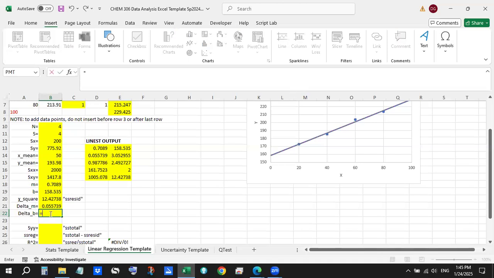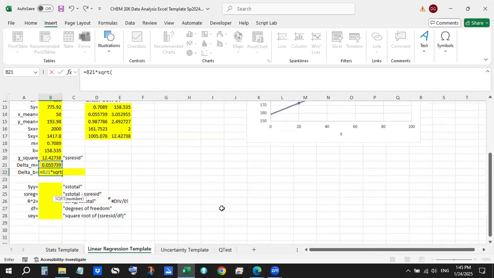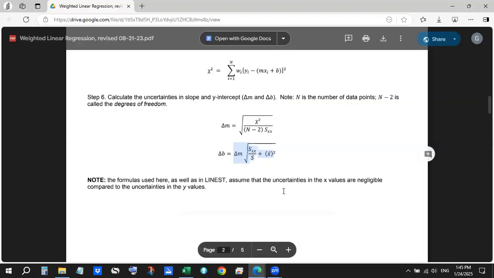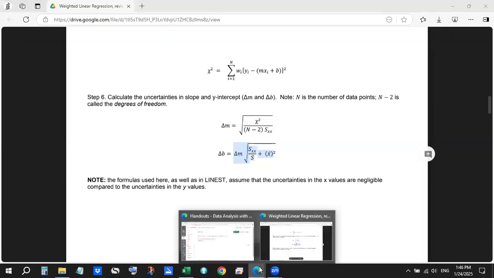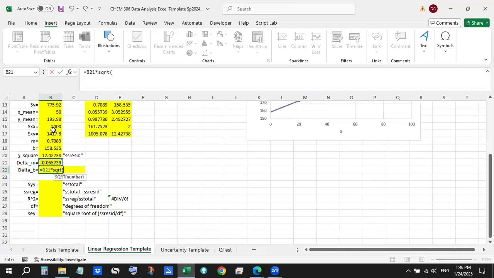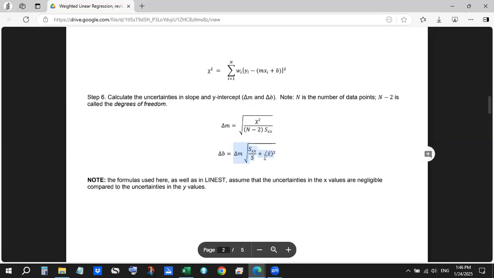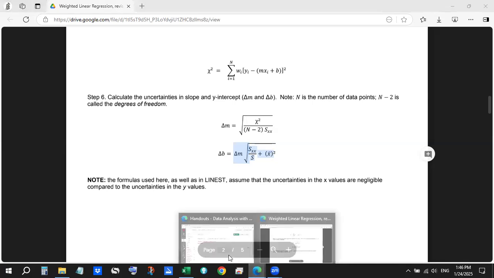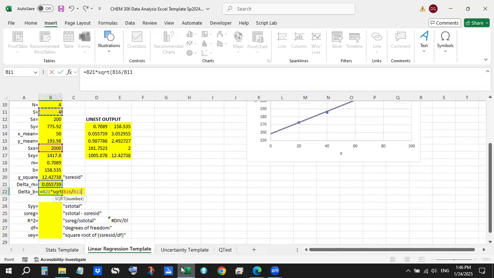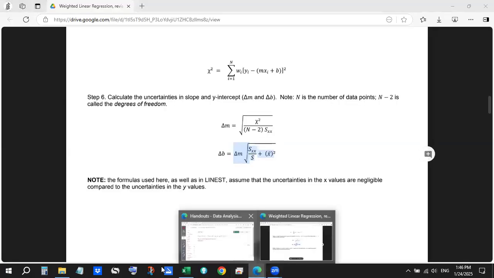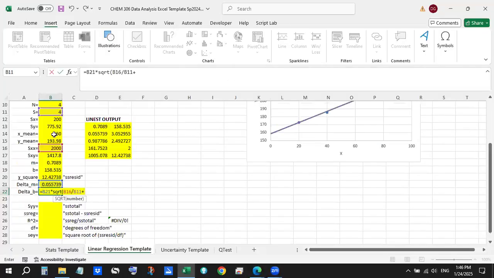So it's equal to delta m times the square root of Sxx over S, and to that you add the square of the mean of the x value, plus x mean squared.